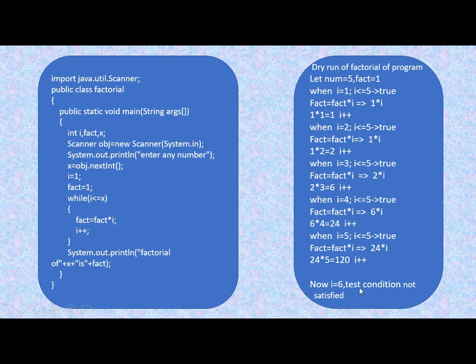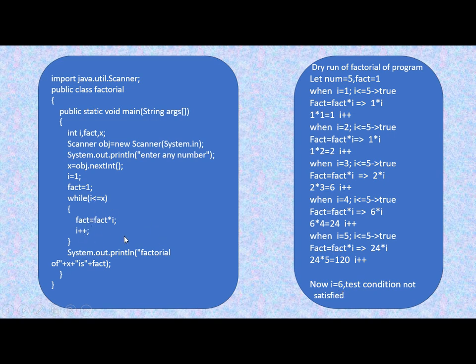Now when it becomes 6, the test condition will not be satisfied. Here you can see what our test condition is. The test condition is that I's value should be less than or equal to X, means whatever value the user is entering, it should be less than or equal to that. As the user has entered the value as 5, here you can see I's value is more than 5, so this is not satisfied.